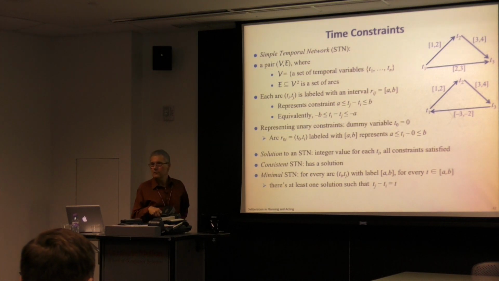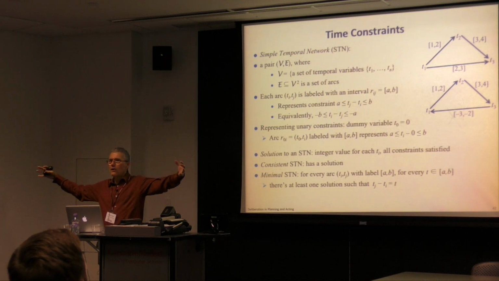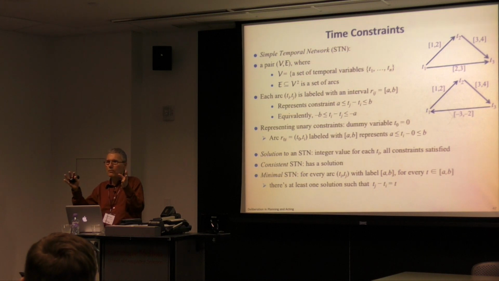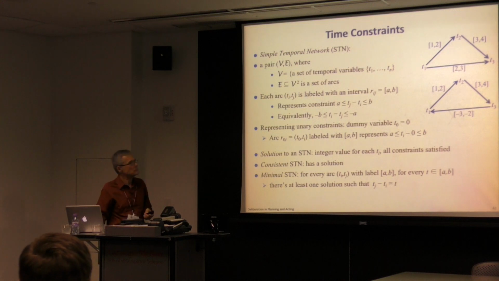Okay? So, in other words, these time intervals aren't any bigger than they need to be. They've been shrunk to a point where if you tried to make them stricter, they would be excluding solutions.